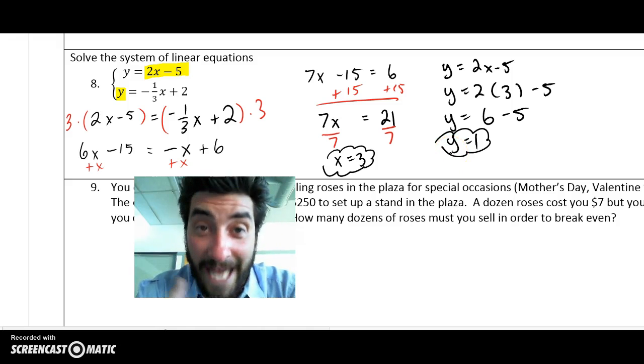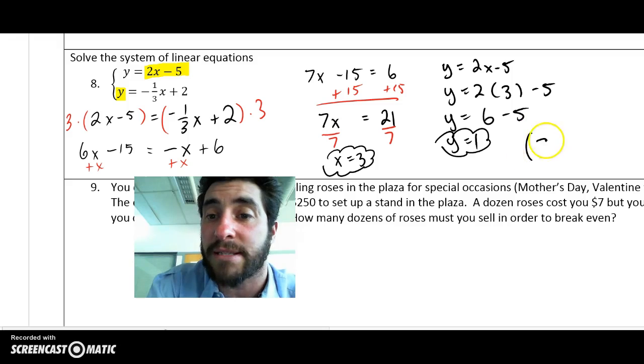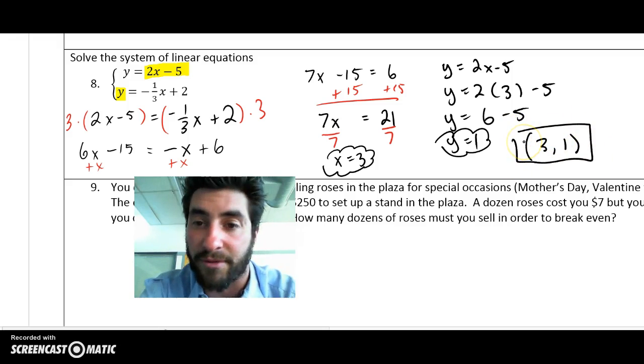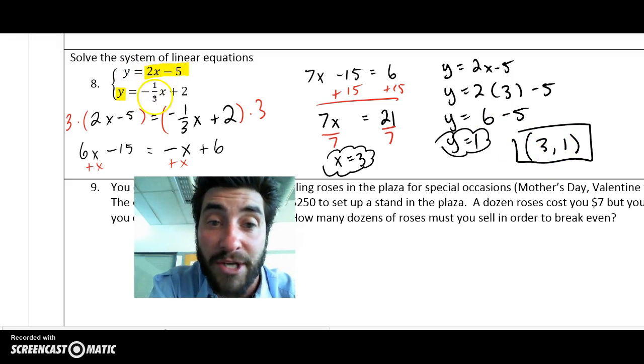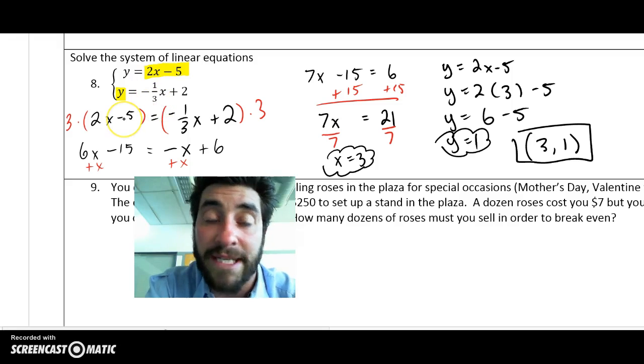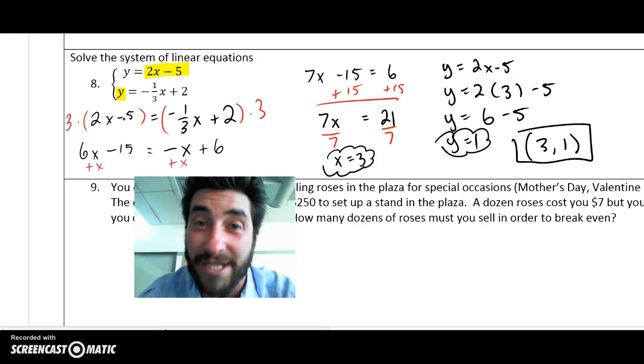Last thing to do is write this as a point, as this solution is the point where these two lines intersect, at the point (3, 1). So if I plug this point into both equations, you would get an answer that was true for both. That's the only point that's going to do that.